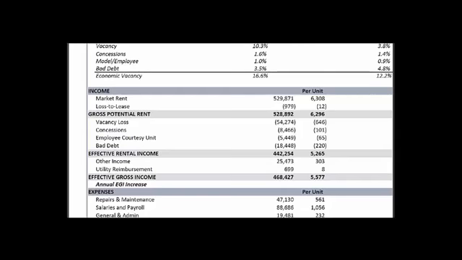So we went from a top line market rent number of 529, and actually we're showing that number to be 541. But at the end of the day, after we've taken the vacancy loss, the loss to lease, any concessions, any bad debt, all of those types of things, the effective rental income is at $442,000.